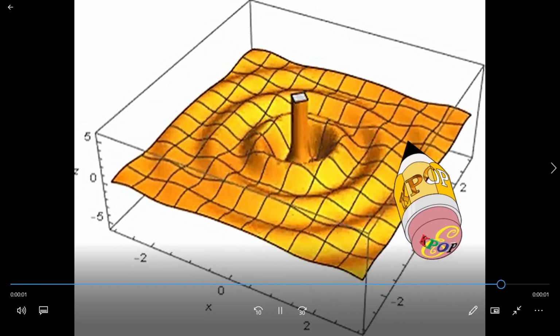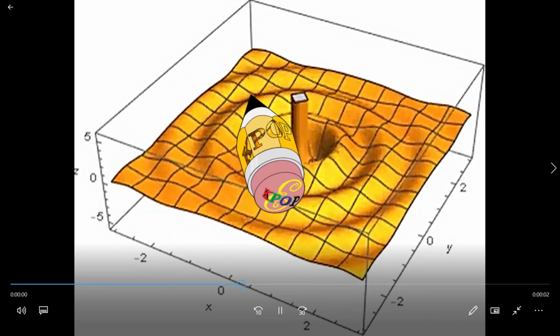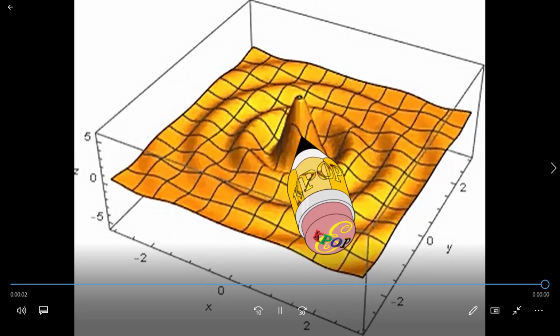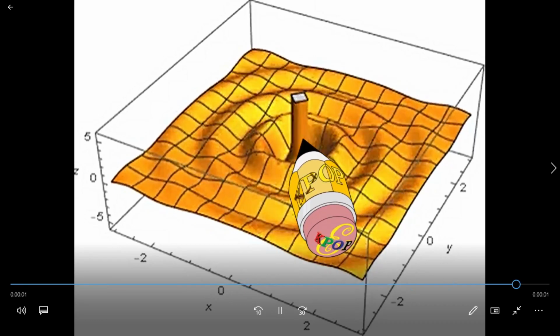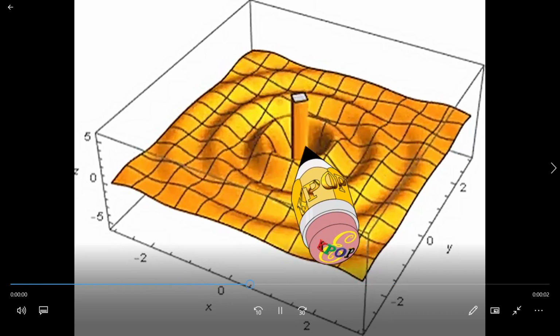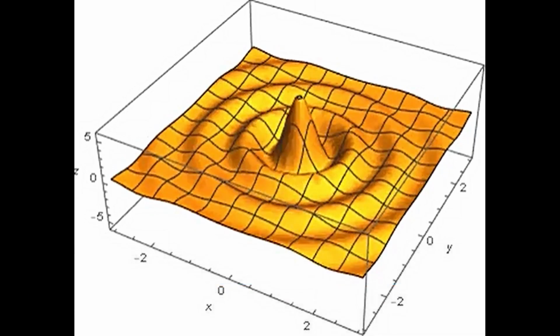The direction of propagation at any point depends on the radial direction that connects the point to the origin where the source of the oscillation is present.